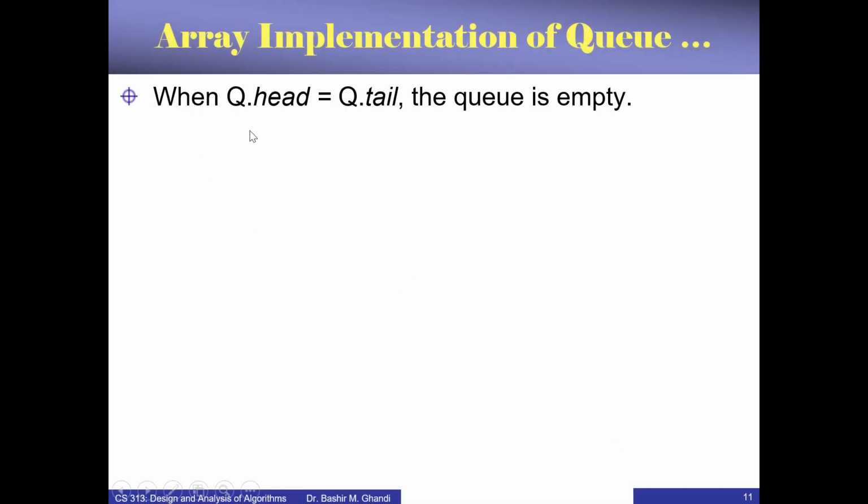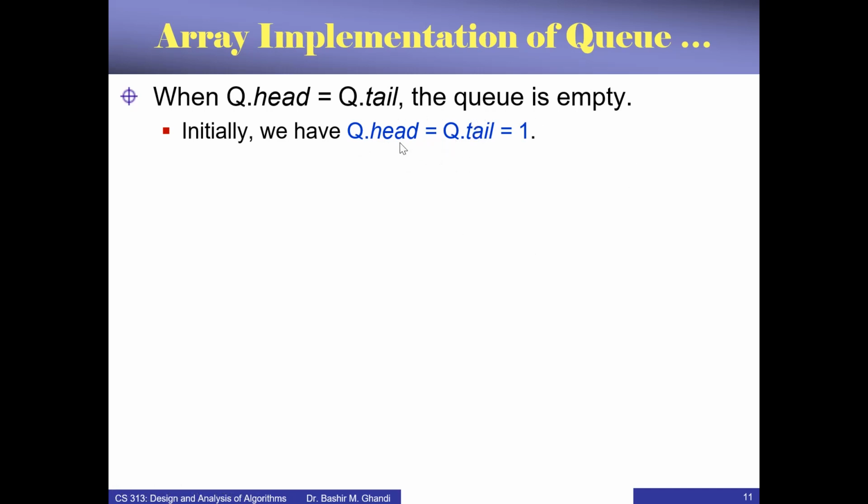So first of all, let's talk about the empty case. When q.head is equal to q.tail, that is when we say the queue is empty. So initially, therefore, we will have q.head equal to q.tail equal to 1. This is how it will be initialized. But this condition can happen anywhere because we know the array is being used as circular.